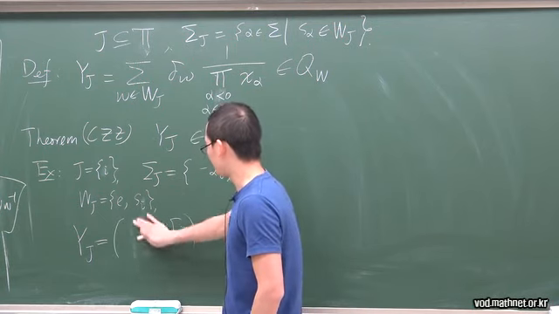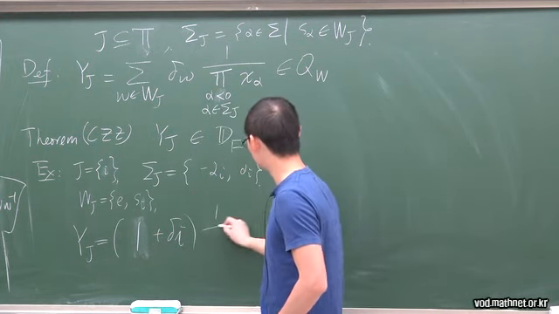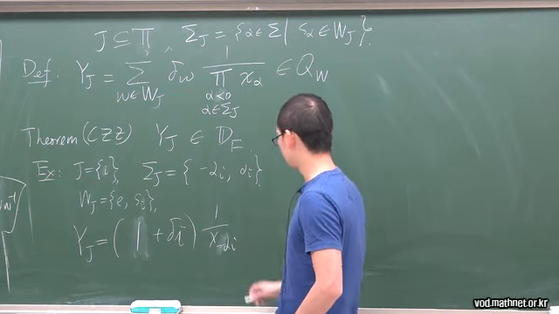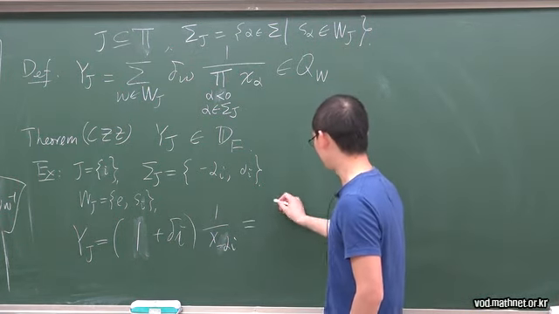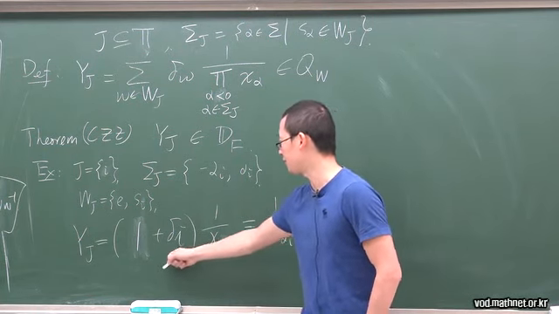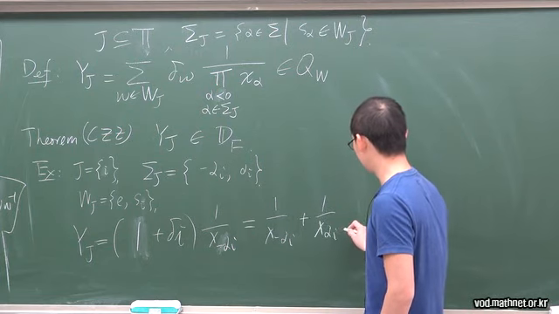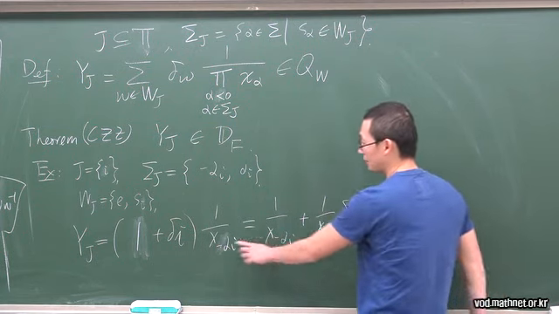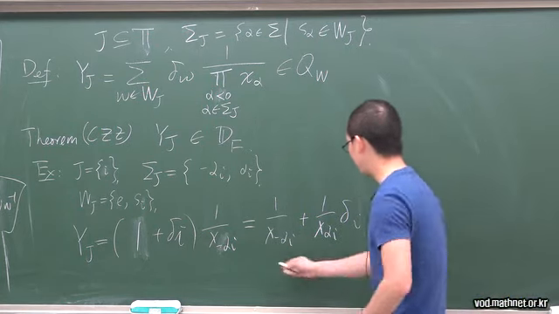Of course, delta_e is just 1 times, now because you just have one negative root, 1 over x_{minus alpha}. So now if you put the coefficient in front, we are going to get 1 over x_{minus alpha_i}. This commutes with that, of course, but this does not commute with that. We have this group action. It's 1 over x_{alpha_i}. So negative alpha_i becomes positive alpha_i because s_i applied on minus alpha_i gives you alpha_i.